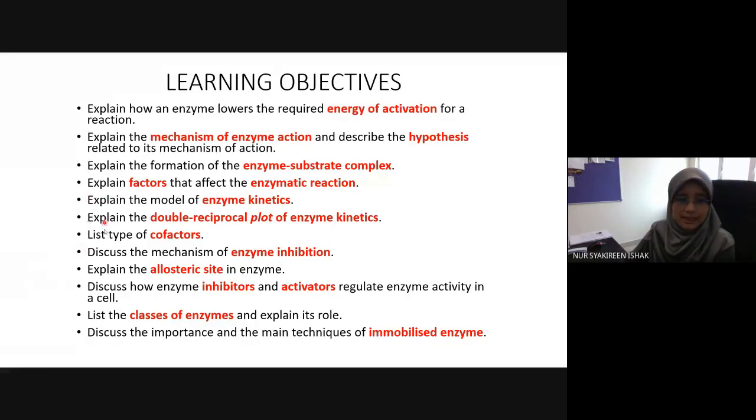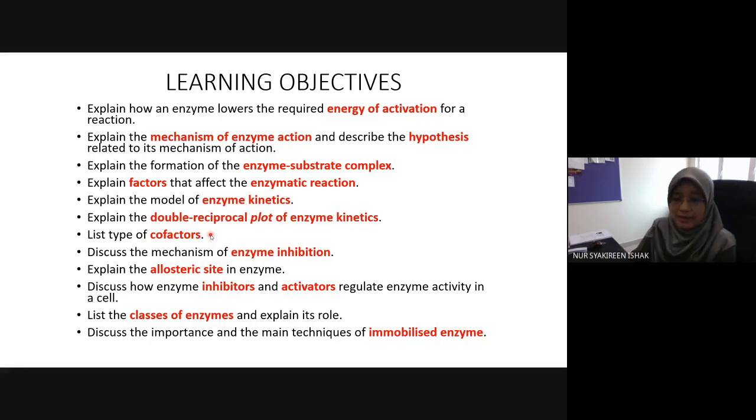And then the next one is to list types of cofactors. You are going to look at what cofactors actually are, how you classify them, and what is the significance of having cofactors in the enzyme reaction. Basically, cofactors are non-protein molecules or ions that are usually found in the active site of the enzyme. They aid in the enzymatic reaction.